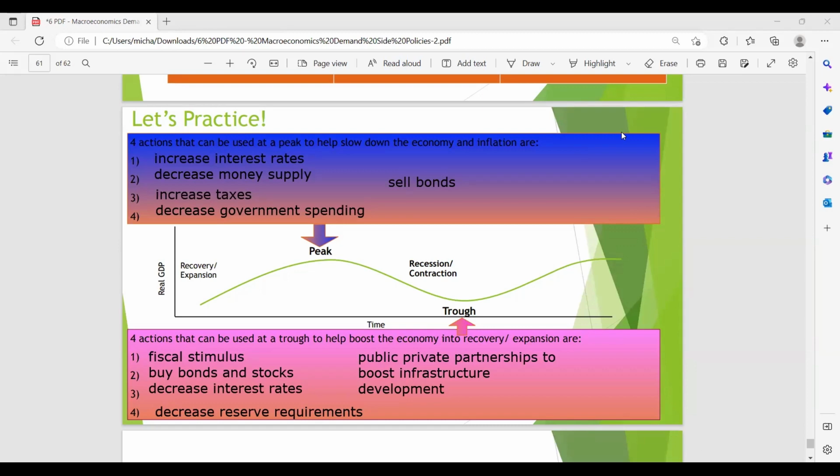Yep, that's a good one, Hamza. Can we say purchase loans for foreign countries? So we could borrow from other countries to pay for government spending. So we could do that.